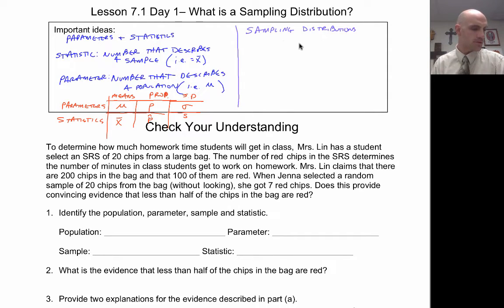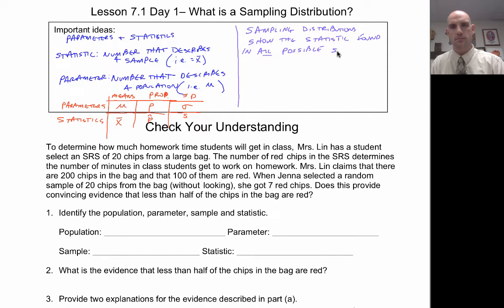And sampling distributions show the statistic found in all possible samples of size n.